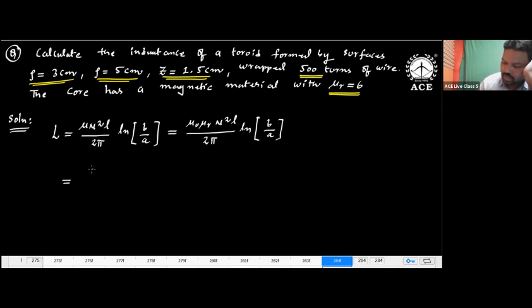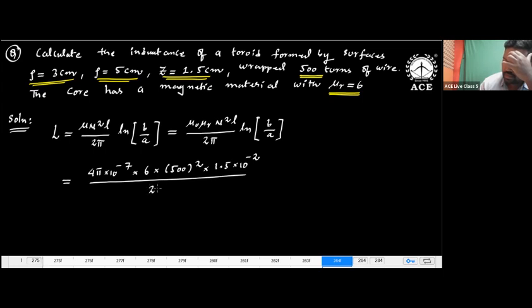So here mu naught is 4 pi into 10 to the power of minus 7, into mu r value 6, into 500 square, into length, thickness 1.5 into 10 to the power of minus 2, divided by 2 pi into natural log of b by a.